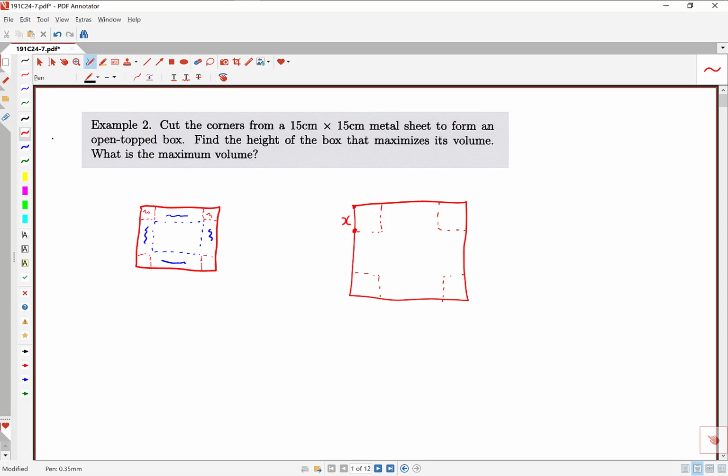Then the other thing that we know is that the metal sheet itself has dimensions 15 centimeters by 15 centimeters. So you could say, well, I need a name for this length here that runs basically along the flap, knowing that this total side length here is 15.